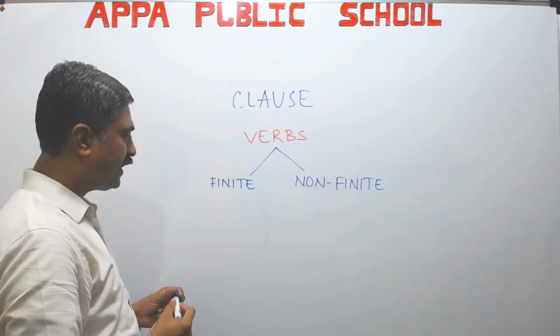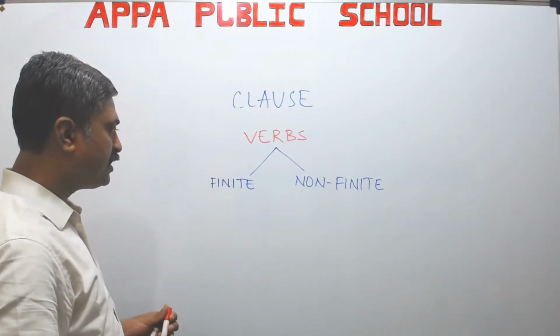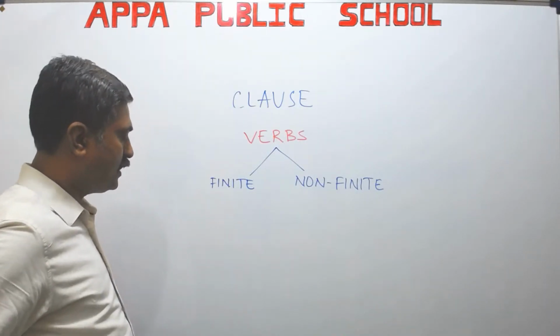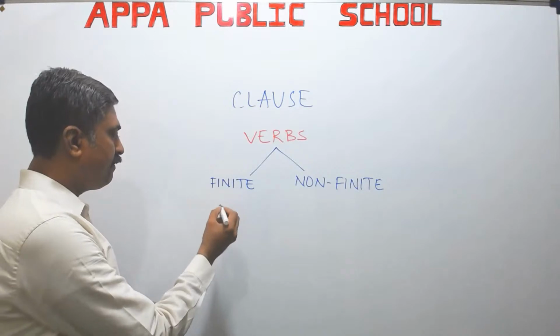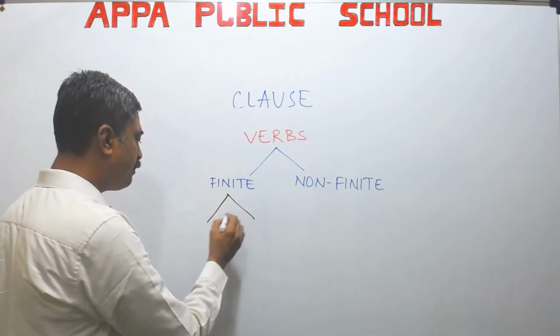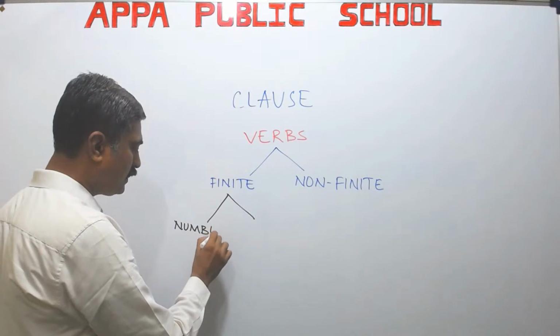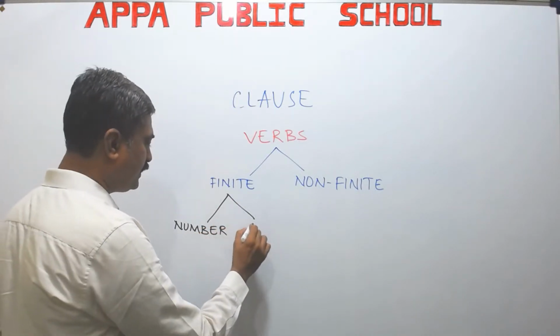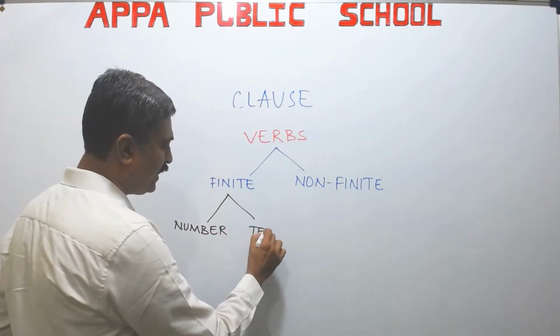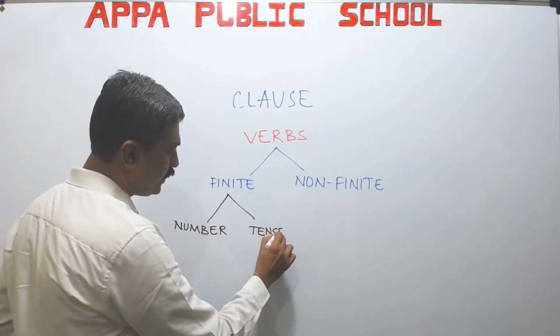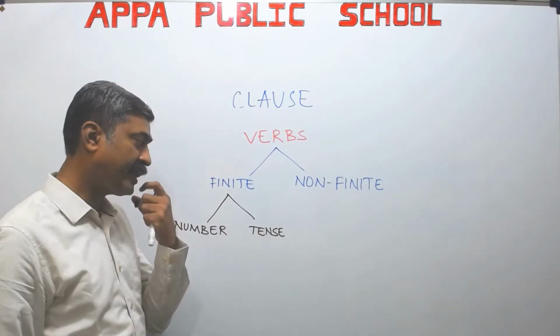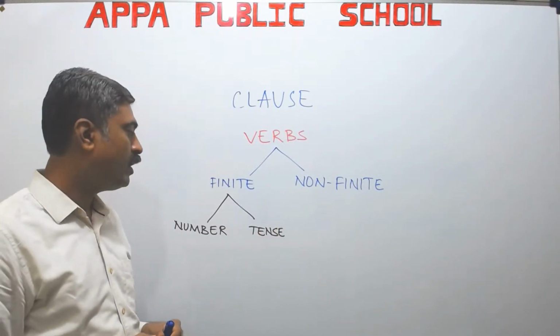And how did we define them? A finite verb is one that defines the number and tense. So today we will have a detailed look into the verbs, that's finite and non-finite verbs.